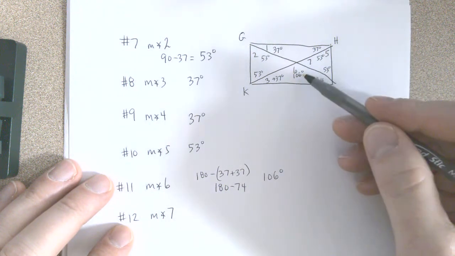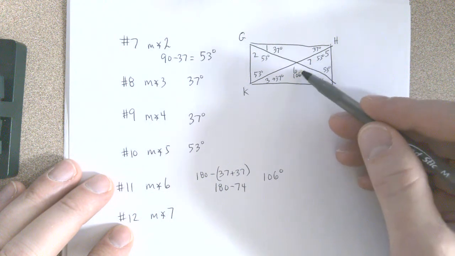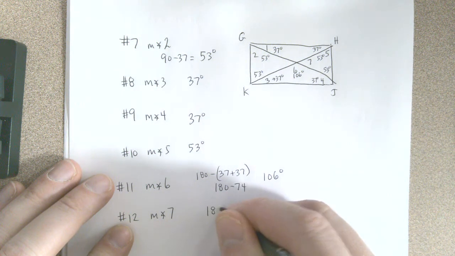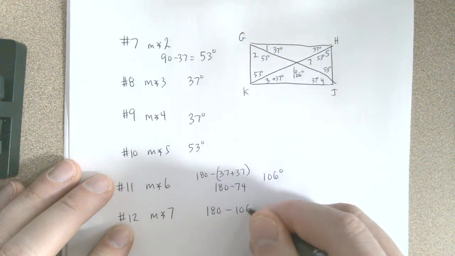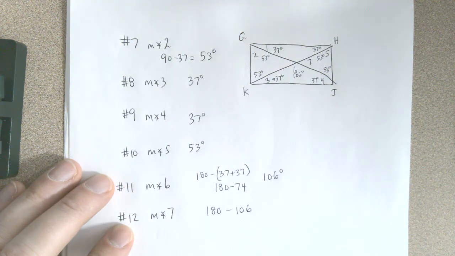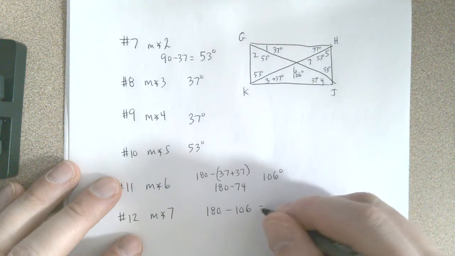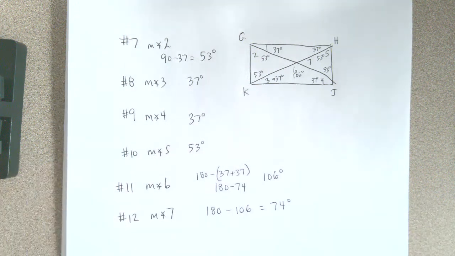And then angle 7, those are supplementary, 6 and 7, so you can do 180 minus 106, which is going to give you 74 degrees.